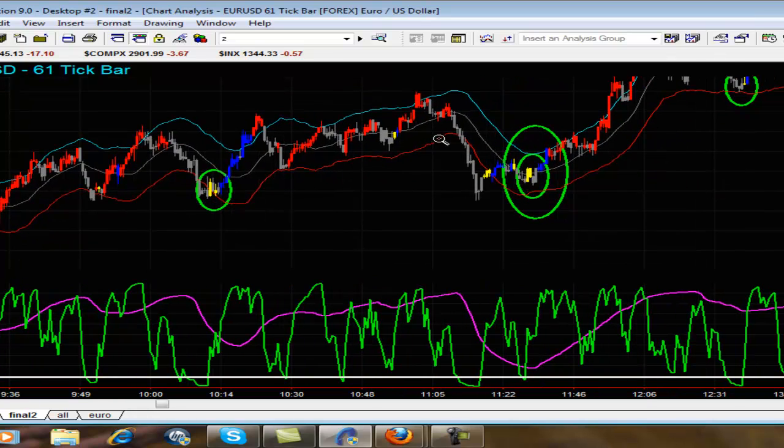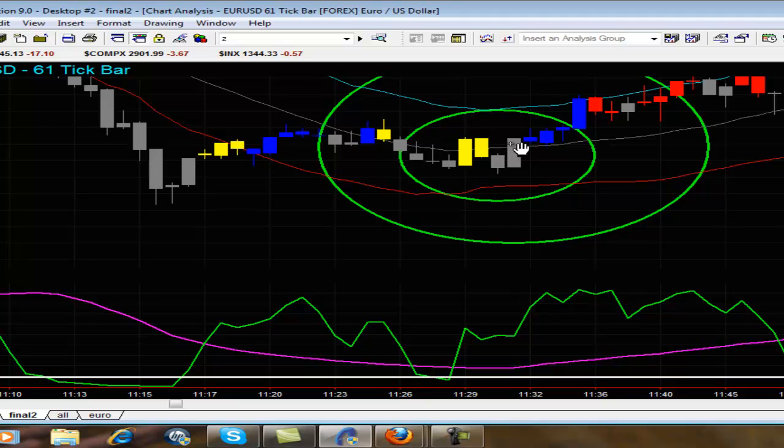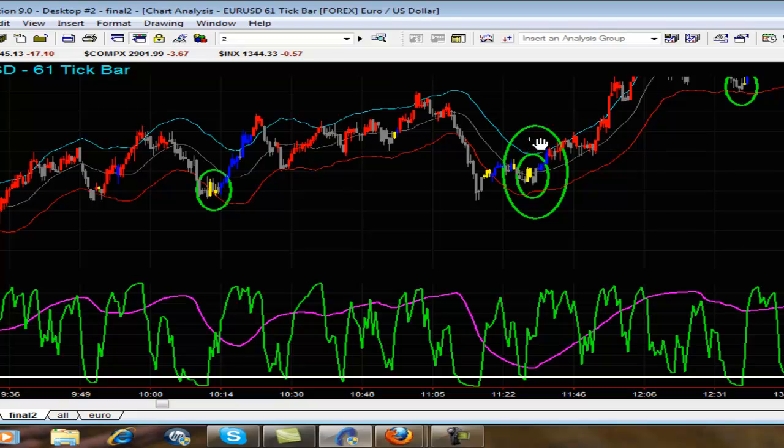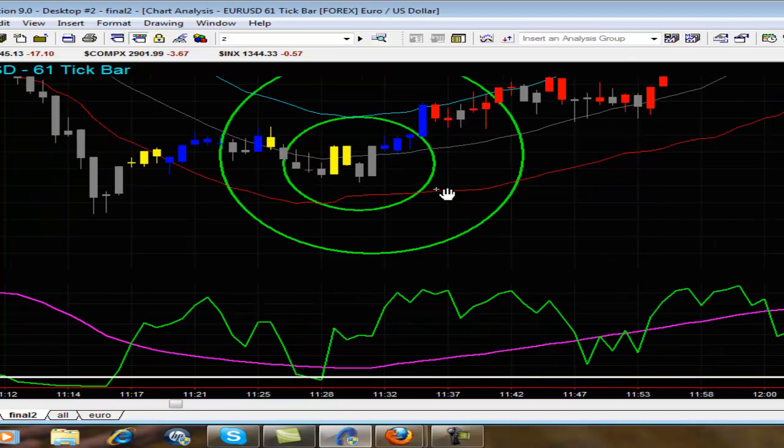I'm going to pull up this one and be specific. This is a trade, but I double circled it because it's a trade I don't like. Let me go back to it. In general, it's because it's so far away from the edge of the Keltner channel.